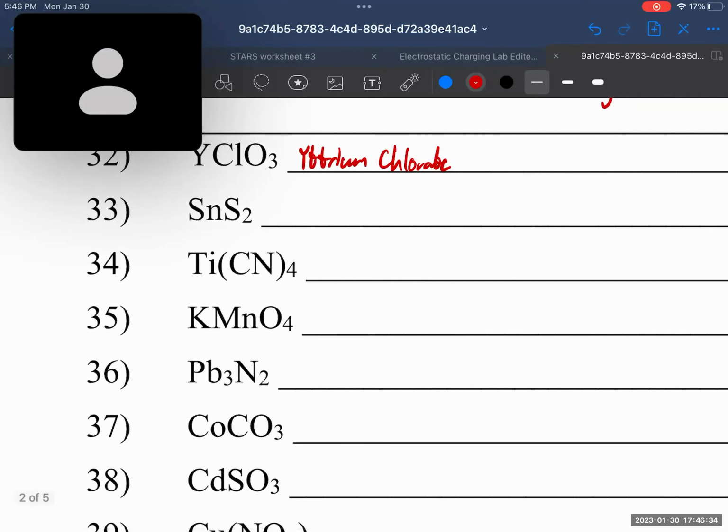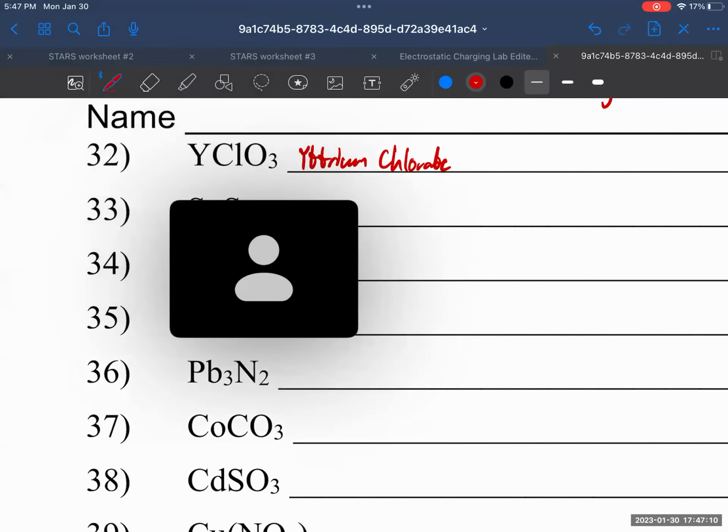yttrium chlorate. Is that the correct name of this compound? 100%. I'm going with chest. This is the correct name. Like if you were to see this on an exam, would you put down this? Yes, I would. You would put this down. That is interesting.